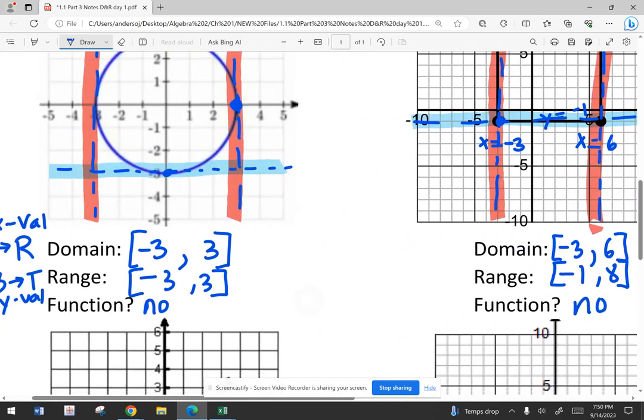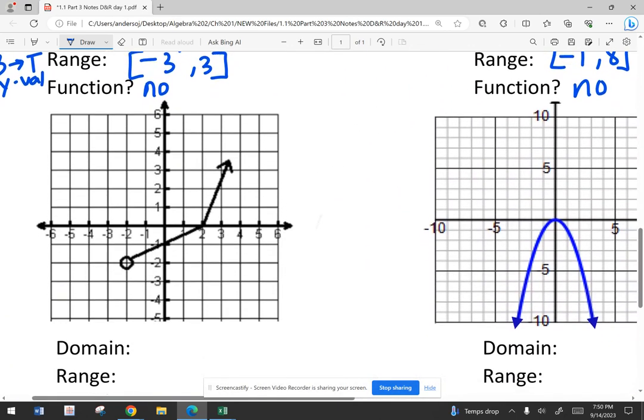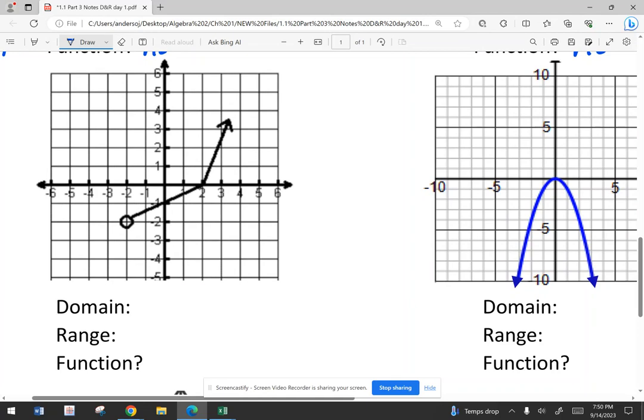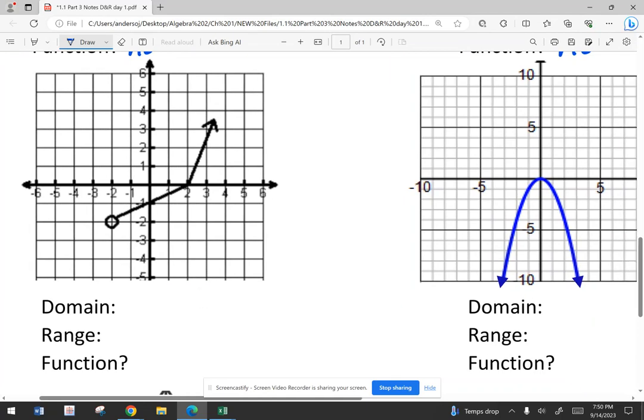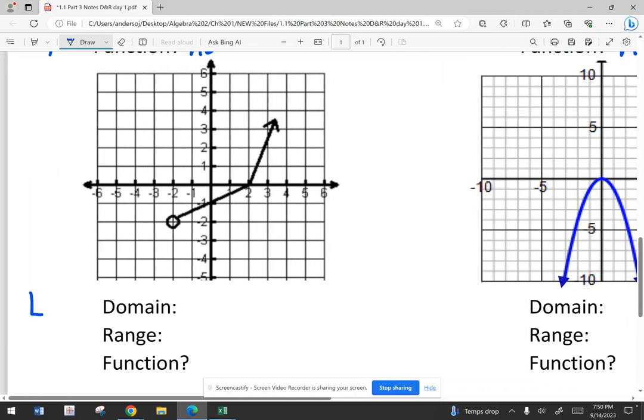All right, let's go down and let's change up a little bit. So now we're going to be looking at lines where you have some arrows. Again, we're going to go from the left to the right, looking at the x's, and then from the bottom to the top, looking at the y's. You can keep using your highlighter if you'd like. If you want to change back to your pen, you can. From the left, I'm at -2, all the way to the right.